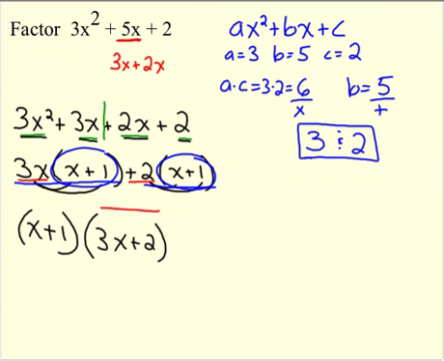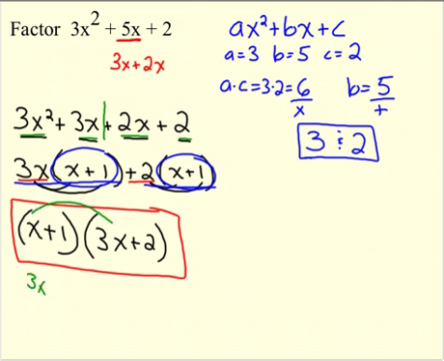And that is this trinomial factored out. Now, how do I know for sure that it is? Well, I could remultiply just to check. If I took x times 3x, I get 3x squared. x times 2, I get 2x. 1 times 3x, I get 3x. 1 times 2, I get 2.